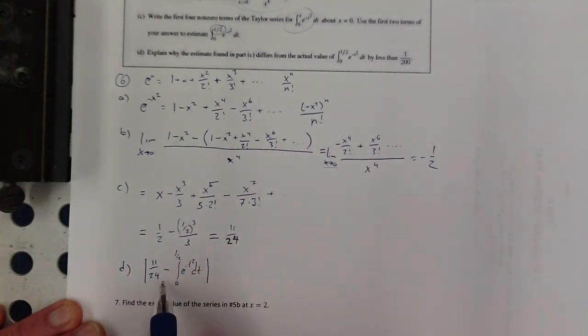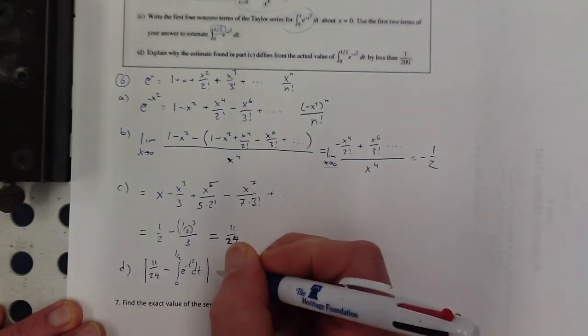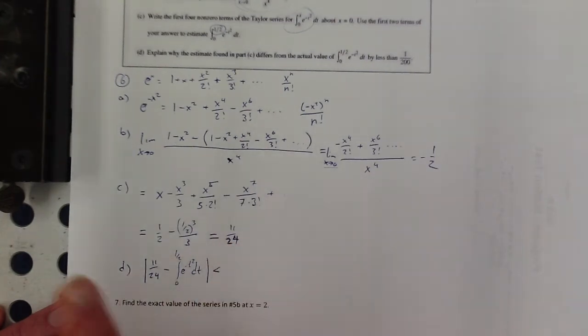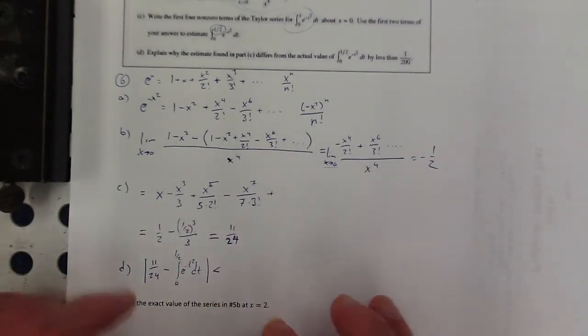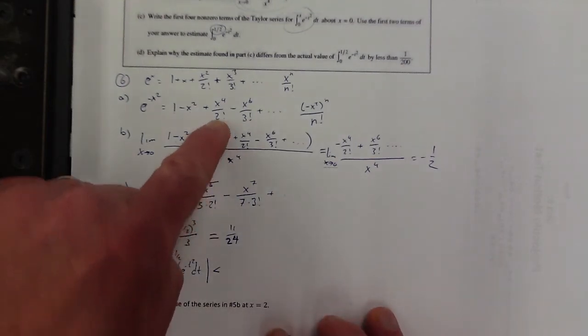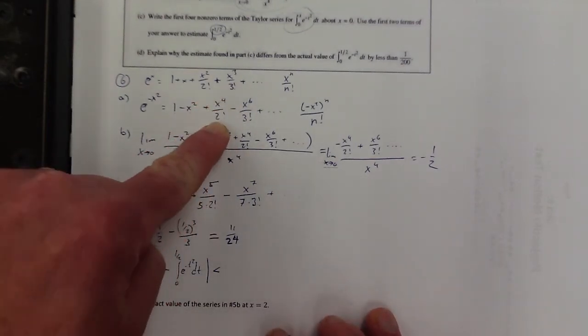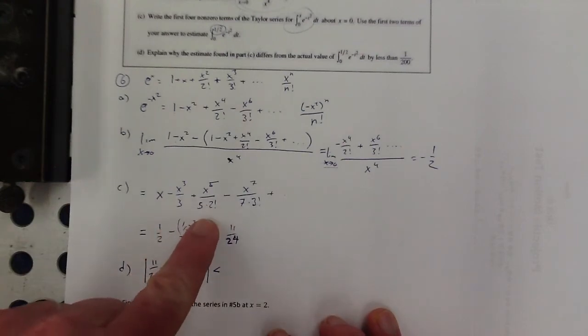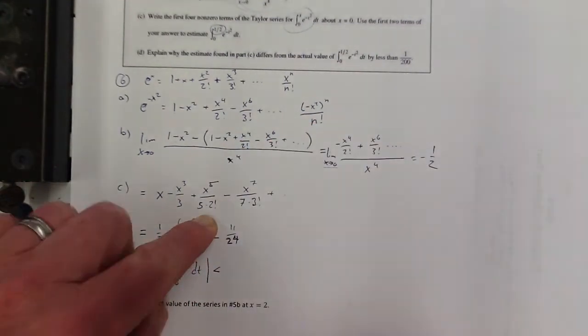The difference between the estimate and the actual thing must be less than the absolute value of the next term, which is this with a 1/2 plugged in. We're talking about this series here.